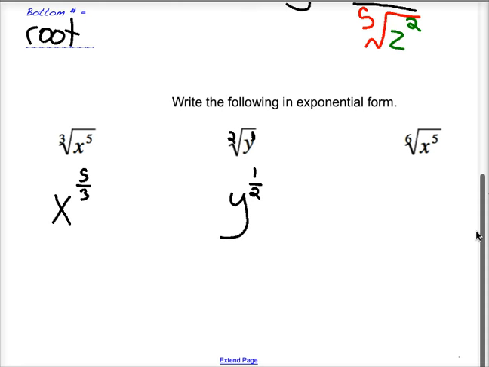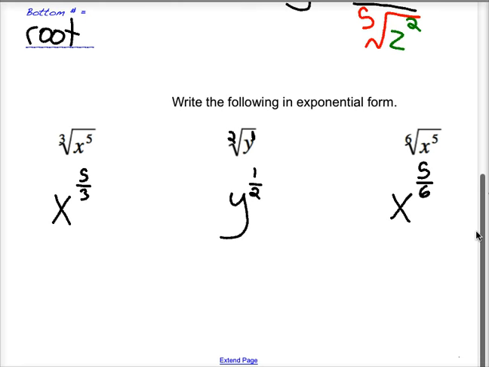For my next one, again, same thing. My root goes on the bottom, my exponent goes on the top. So I don't think there's anything particularly difficult about this. It's just getting used to that conversion. So on your practice work, a lot of it is just can you convert between these forms, between radicals and exponents.